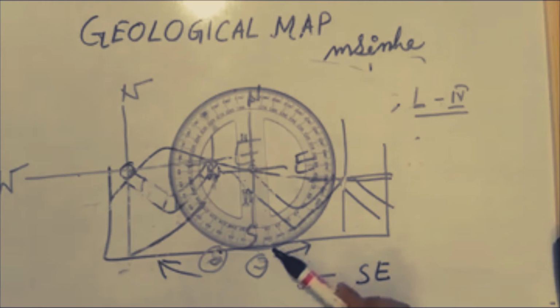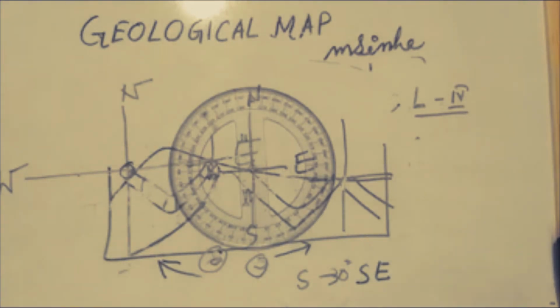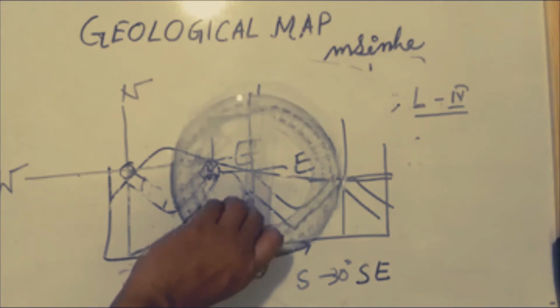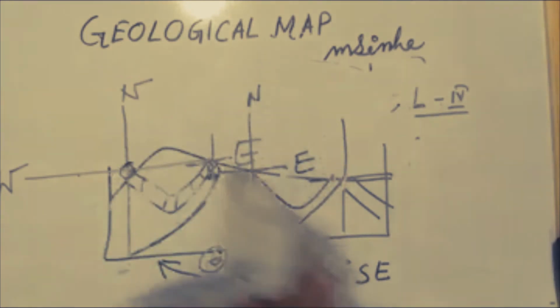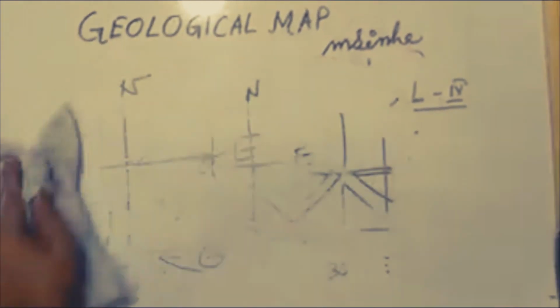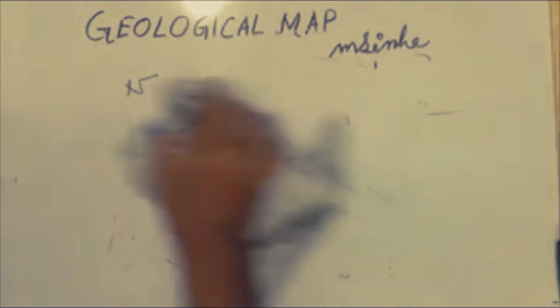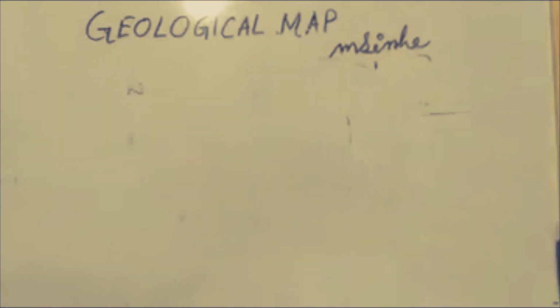It is about 30 degree. That way you also identify the direction of the dip. So from the geological map we can identify the thickness, true thickness, apparent thickness, direction, all these things.